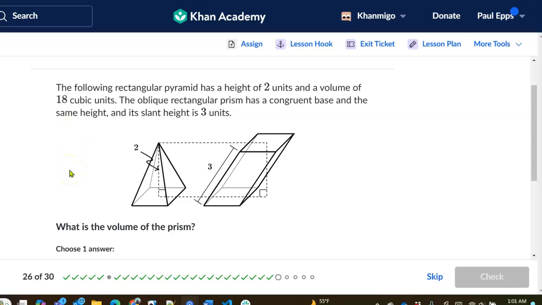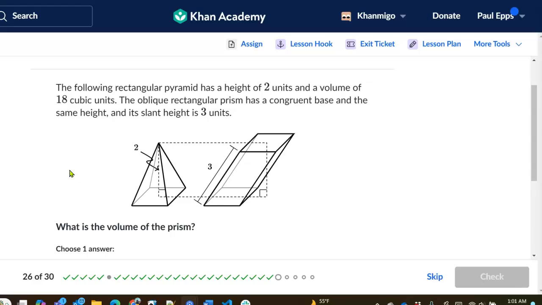It doesn't tell us the area of the base of the pyramid, but the formula for the volume of a rectangular pyramid is length times width times height divided by 3. So the volume is 18 cubic units, so length times width times height has got to be 54, which we then divide by 3. Length times width times height is 54 and the height is 2, so length times width is 27, and we've got the base with an area of 27.